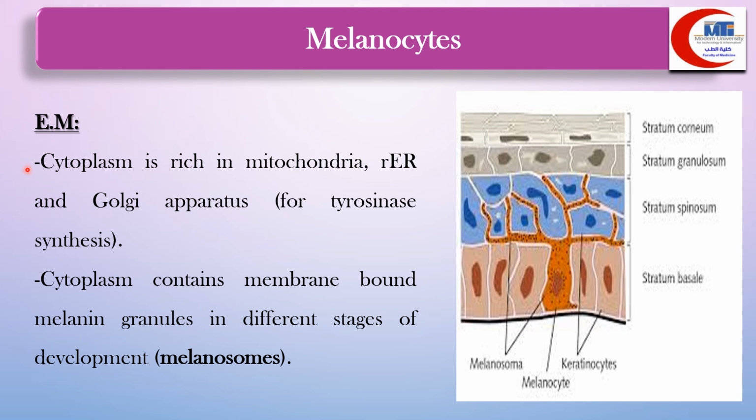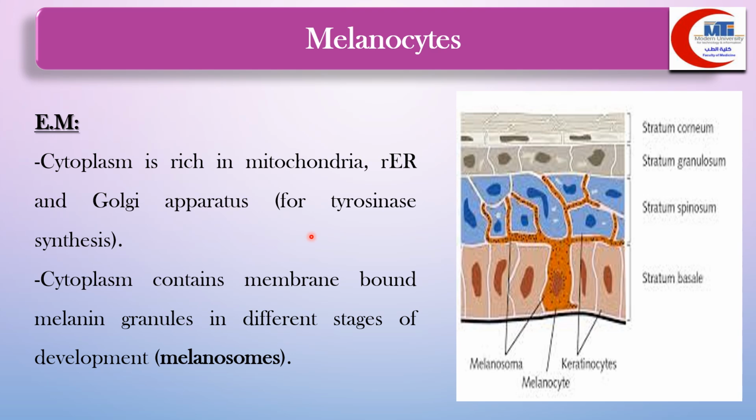The cytoplasm is rich in mitochondria, rough endoplasmic reticulum, and Golgi apparatus, and contains membrane-bounded melanin granules in different stages of development. These granules are called melanosomes. These melanosomes contain tyrosinase enzyme, which converts tyrosine to DOPA, then melanin.